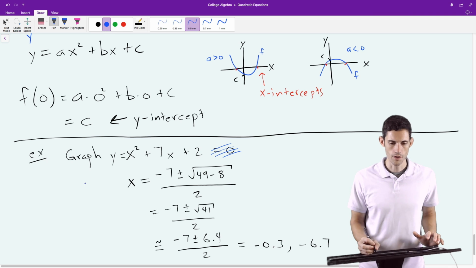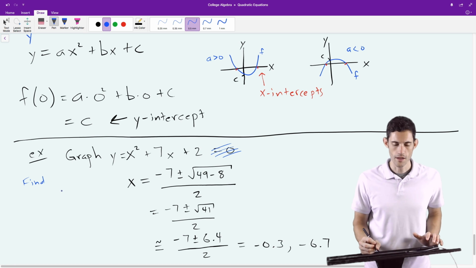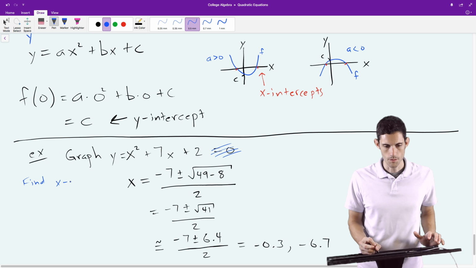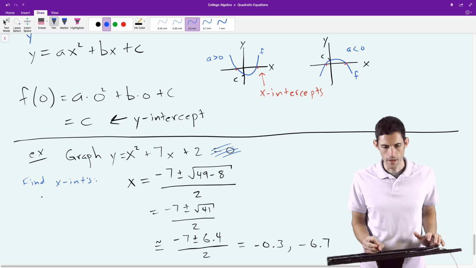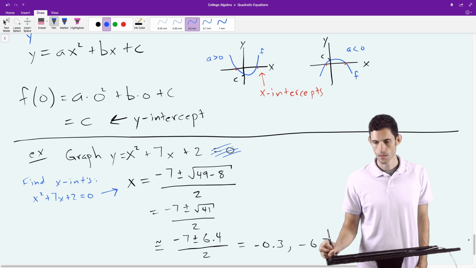And so one of the first things I would want to do is find all the intercepts. So when I find the x-intercepts, I'm setting y equal to 0. In that case, that's when I would get x squared plus 7x plus 2 equals 0. And then I would proceed to solve it like this. So I kind of misstated the problem there, but that's what I meant.